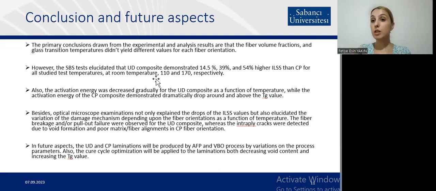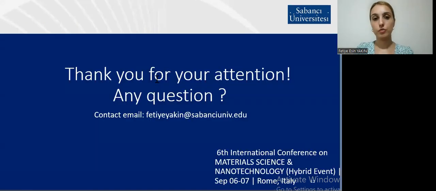Also, the cure cycle is a really important topic for increasing the fiber volume fraction and decreasing the void content. The cure cycle optimization will be applied to our prepreg, bought from Corsa, for both fiber orientation laminations, decreasing void content and increasing the glass transition temperature value.